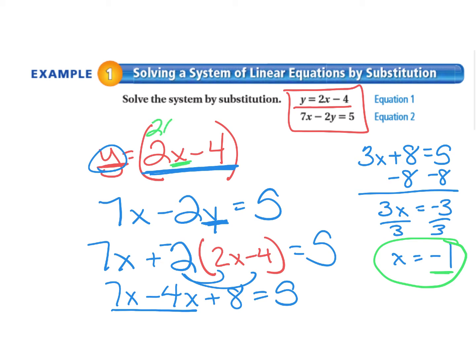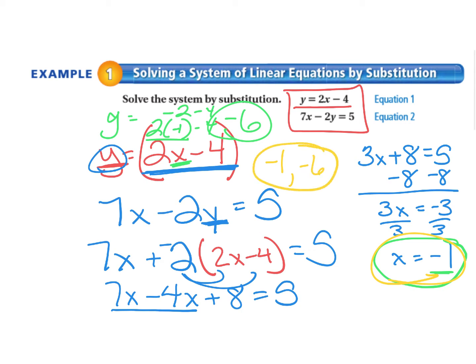So what's 2 times negative 1 minus 4? 2 times negative 1 is negative 2, minus 4. y equals negative 6. So our answer is negative 1, here's our x, and negative 6.